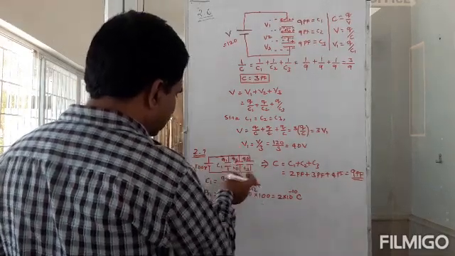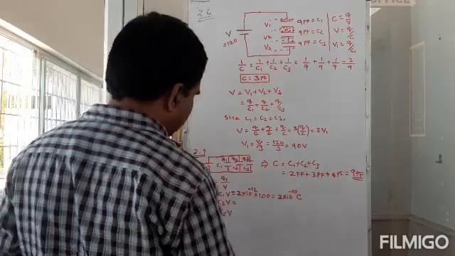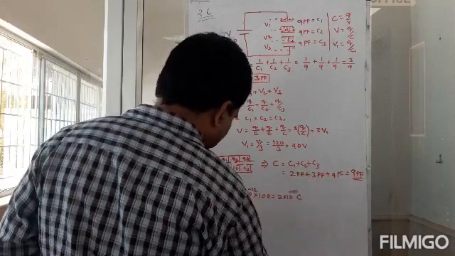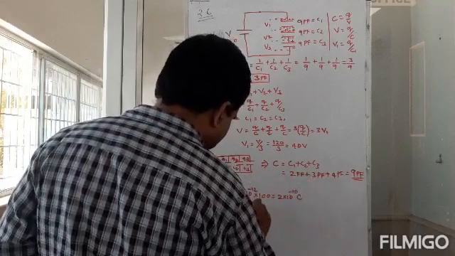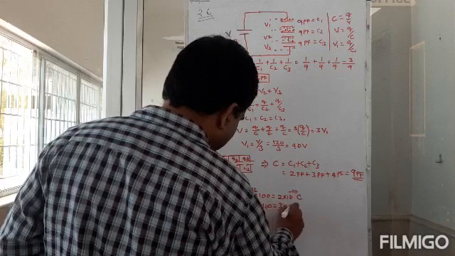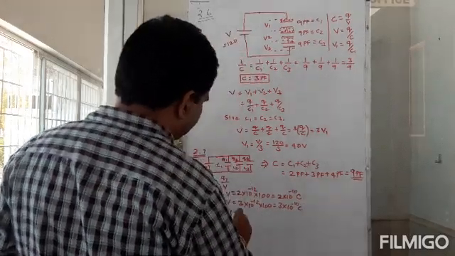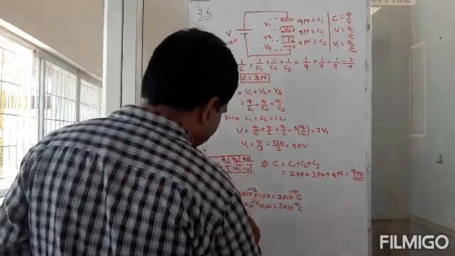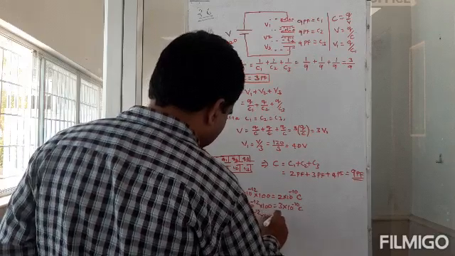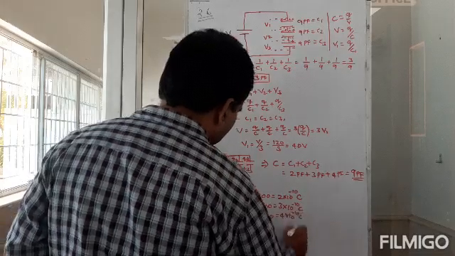So Q2 is actually C2 into the voltage across it, 100 volts. So that is 3 picofarad, 3 into 10 power minus 12 into 100. That's going to give you 3 into 10 power minus 10 coulomb charge. And C3 again, 4 into 10 power minus 12 into 100. That gives you 4 into 10 power minus 10 coulomb.